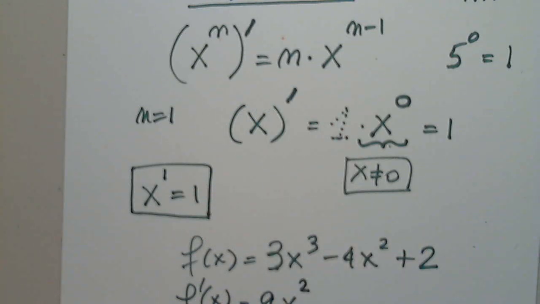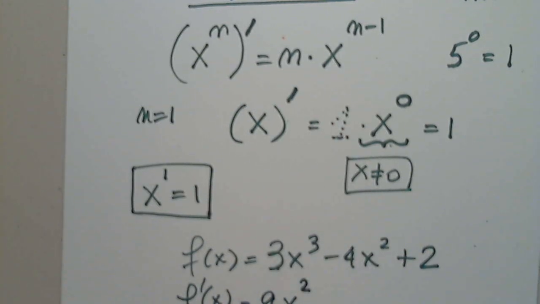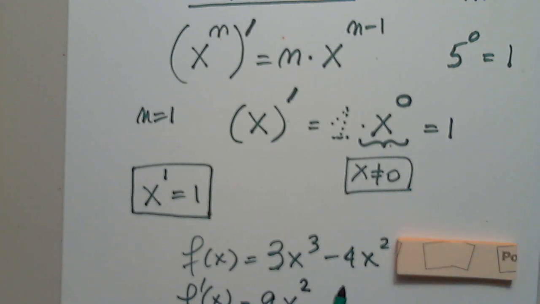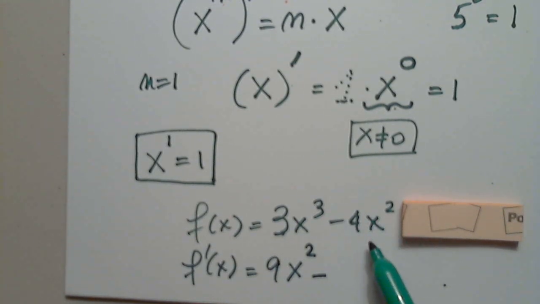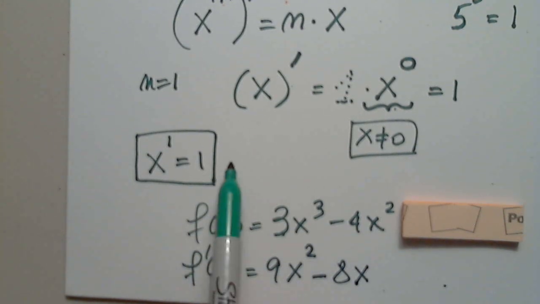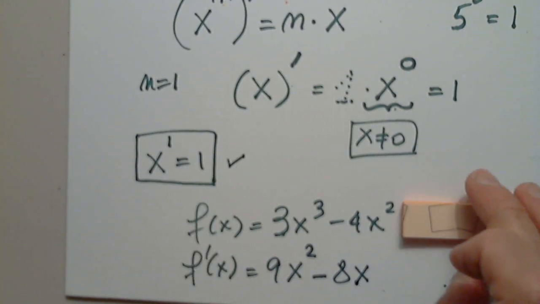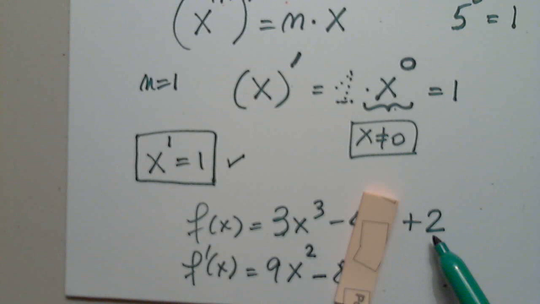Can anyone give us the answer for, not the last one, we have to discuss the last one, but can anyone give us the answer for this? We are differentiating this. Minus 8x.